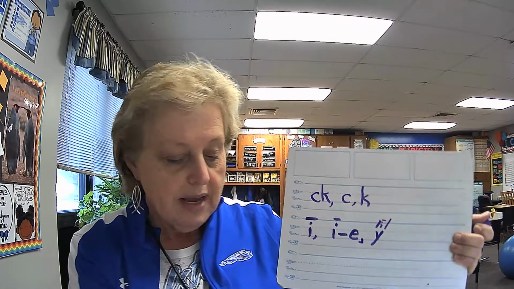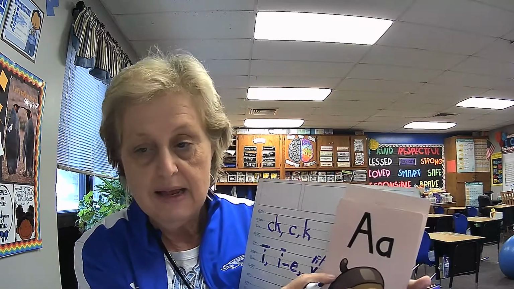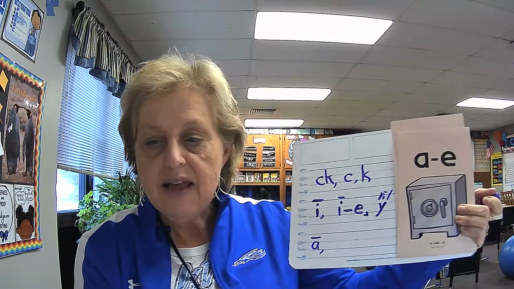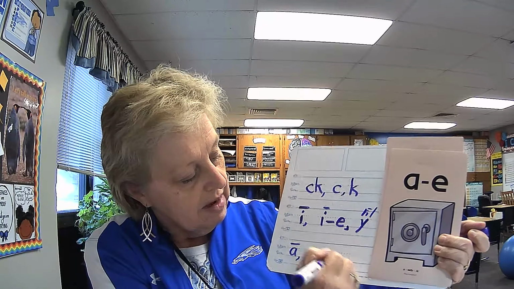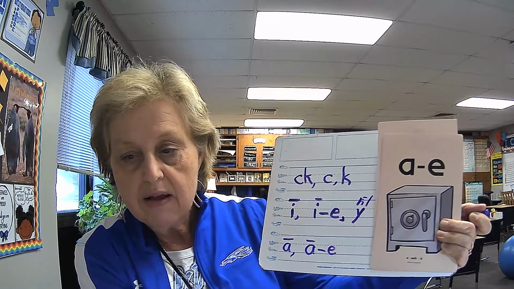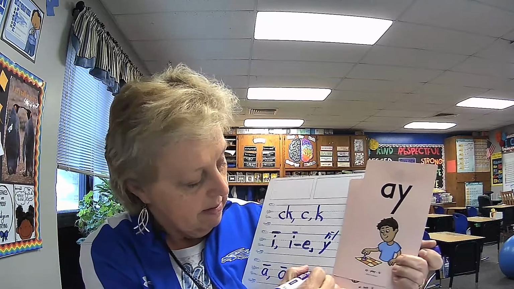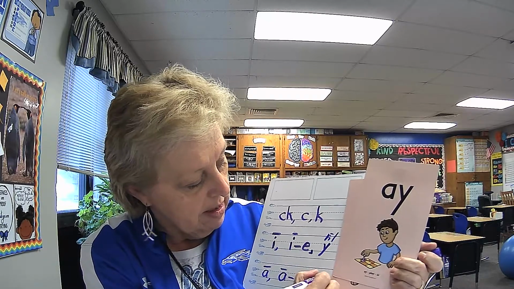All right, now let's do ways to do the long sound of A. Echo me. A. Okay, well, we have A, acorn A. So you write your A with a macron above it and put the comma. The next one, A, safe A. So it's A, consonant E with a macron above the A. Put your comma between it. AY, play A. So you put your AY.